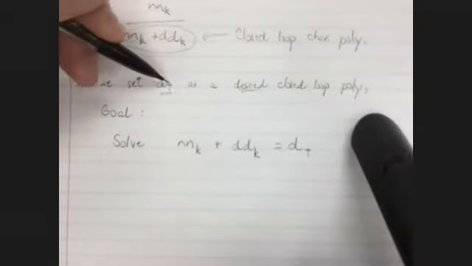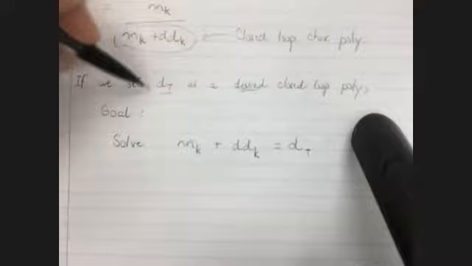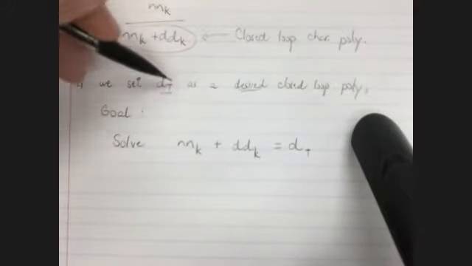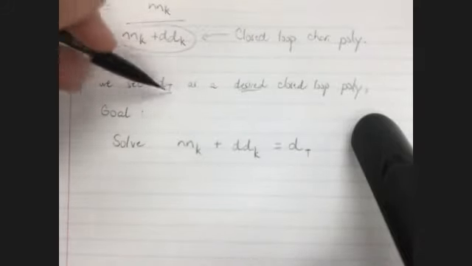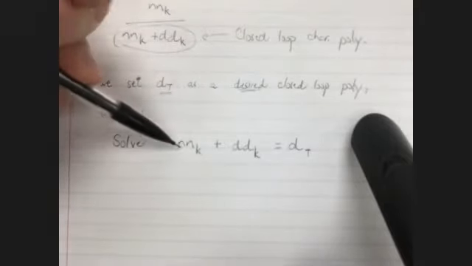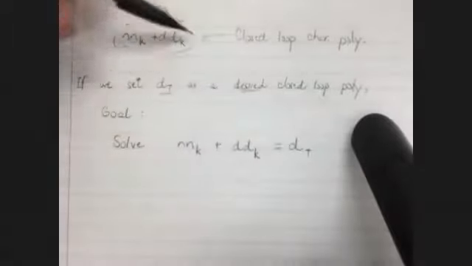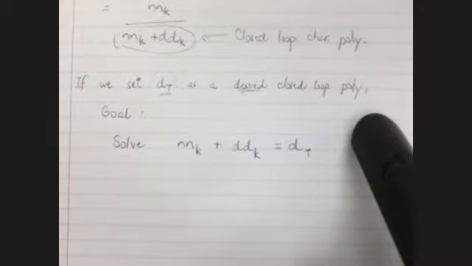So this DT is set by you. This might be the polynomial that describes the percent overshoot and everything that you want. And then your goal is to solve this equation right here, the denominator, making it equal to your desired polynomial.